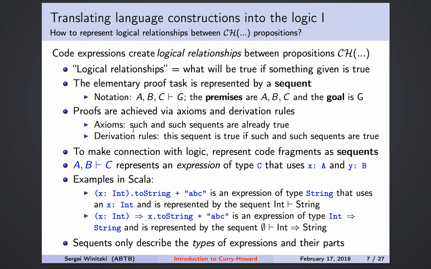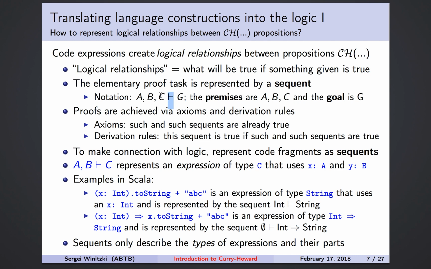In logic, we are reasoning about what follows from what using something called a sequent. A sequent is a device used by logicians to denote an elementary task of proving something when assuming something else to be true. This is a notation for sequent. It has this symbol which is called the turnstile.